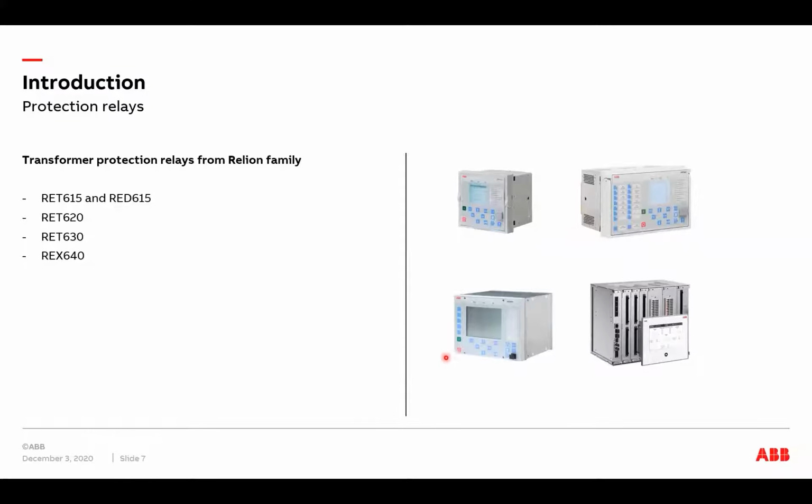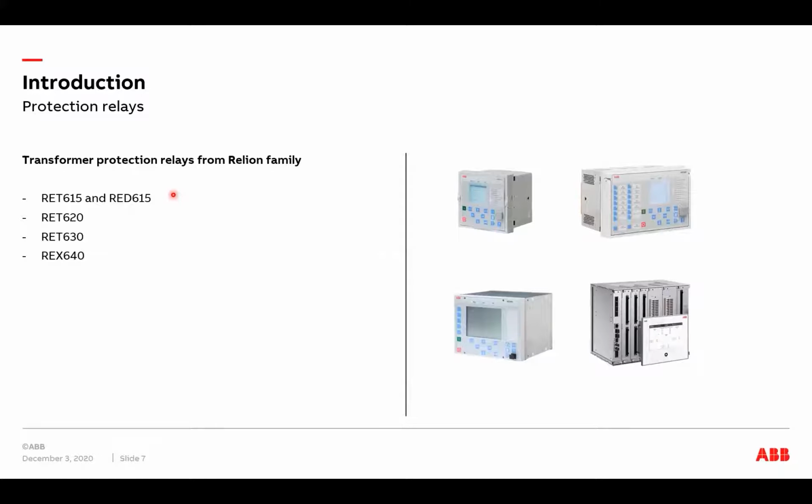Next, we have the RET 630 and the REX 640. So generally, we can say that the difference between these relays is that if you go here from the top to the bottom, the bigger transformer you have, the more protection functions you need to have to be able to protect the transformer properly.